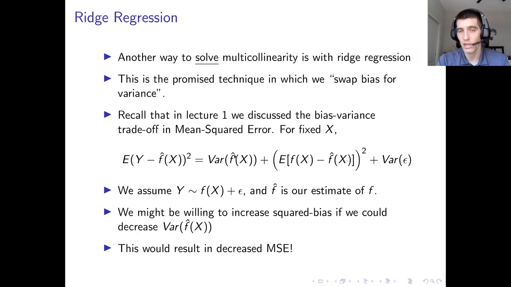And so in this equation, if the bias is 0 and the variance is large, maybe I would perform a trade-off where I would say, okay, if I get a little bit of bias for a large reduction in variance, I might be willing to make that trade for lower MSE overall, right? So yeah, that's the idea of ridge regression, that we swap bias for variance.